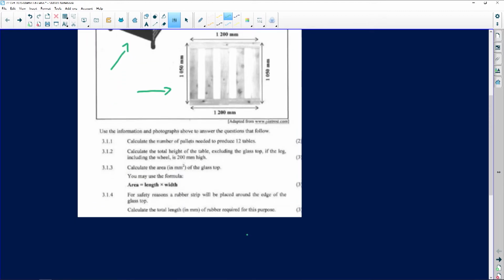So we need now to calculate the following. It says use the information and photographs above to answer the questions that follow. Do you see how every single time before I answer a question, the first thing that I do is analyze? Some people just run through to the questions and then they're confused in terms of what exactly it is that they are analyzing.